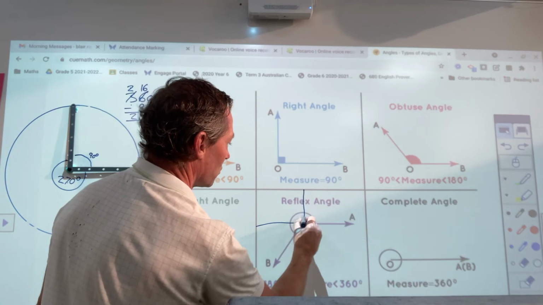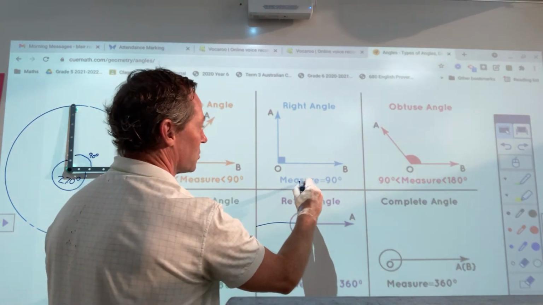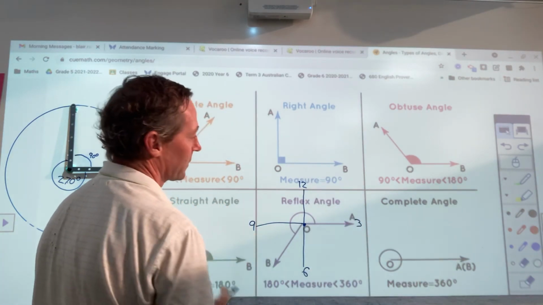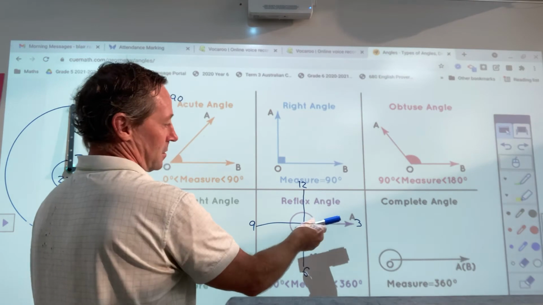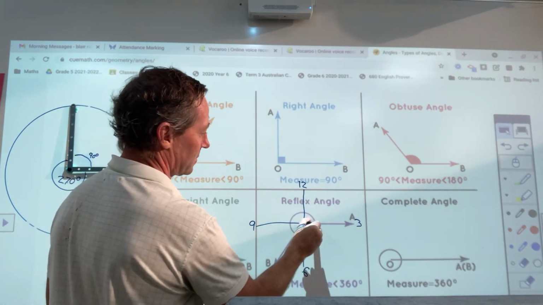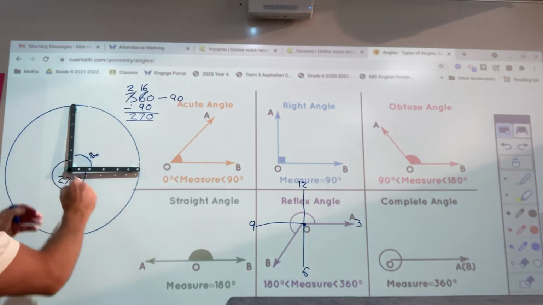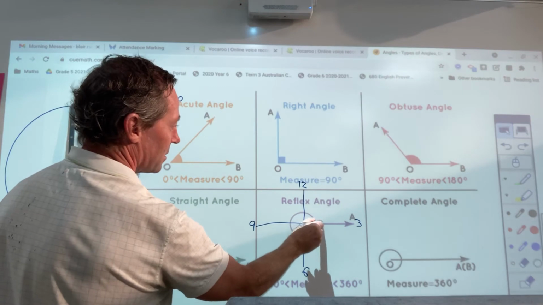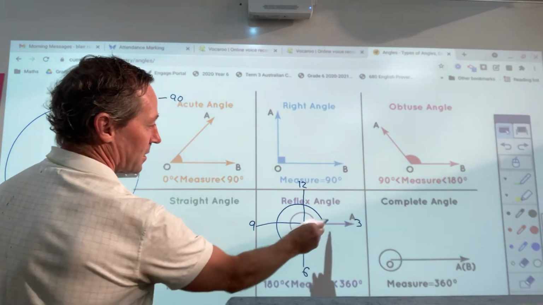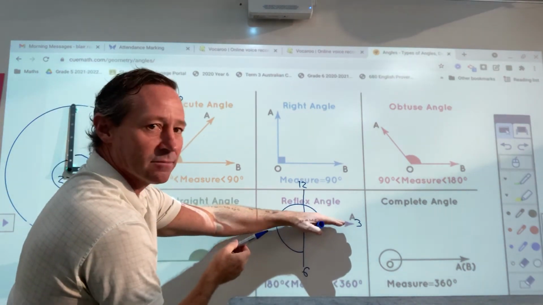So like if I put a little center part here, it's a bit like a clock. 12 o'clock, 3, 6, 9. That's 180 degrees. And if I'm looking back here, I know this angle here is 270. Around to here is 270. If from here to here is 180.